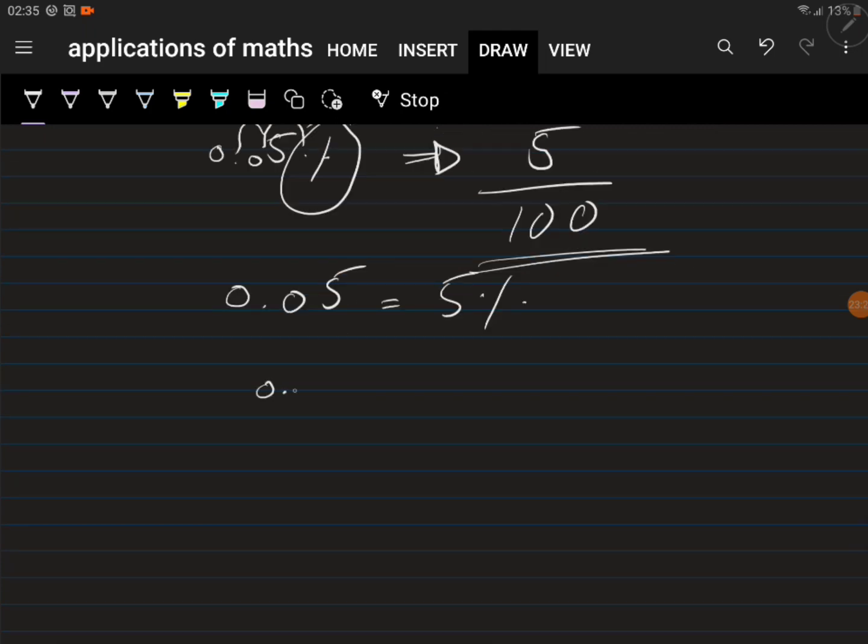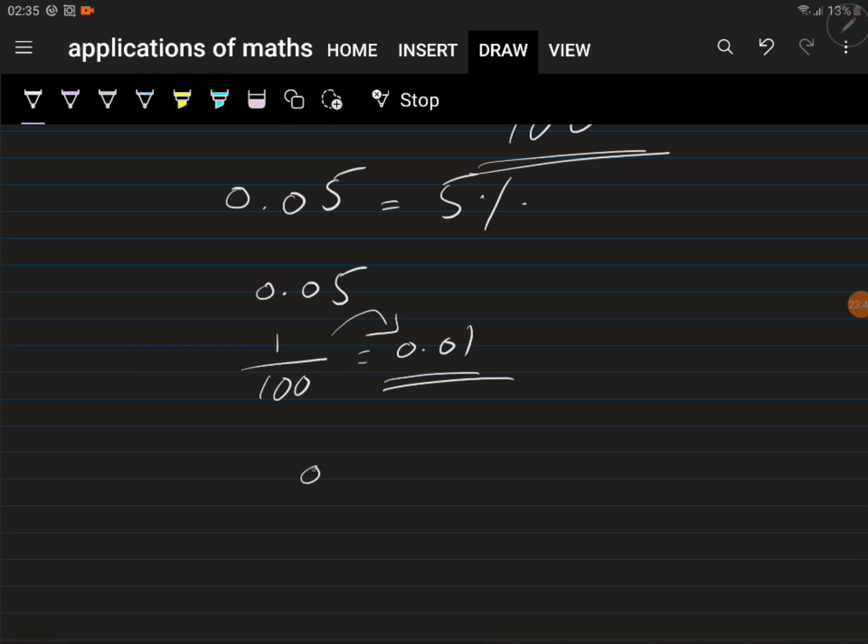So 0.05 is a fraction. It doesn't seem like a fraction, and we're like, okay, when you divide 1 by 100 and you get 0.01, that is a fraction, but in decimal form. So it is another form of that same fraction. And I'm like, okay, so I'm supposed to multiply this 0.05 into, I don't know, 5,000?